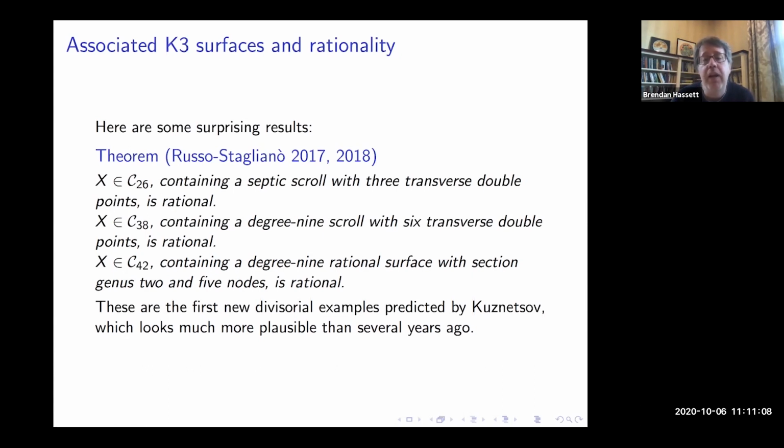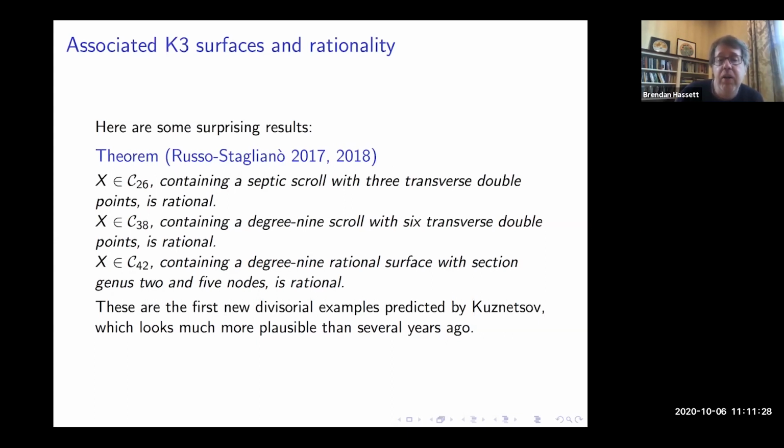And they use pretty intricate geometry to get these. In the first case, they look at a special septic scroll, which is relatively easy to understand from the standpoint of the varieties of lines.